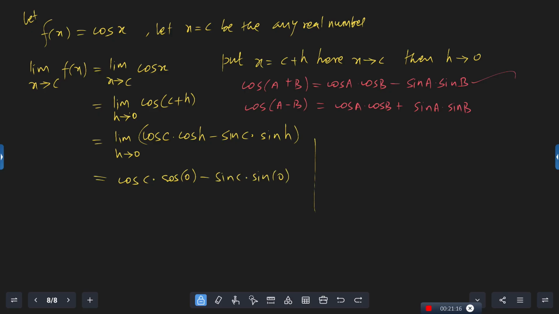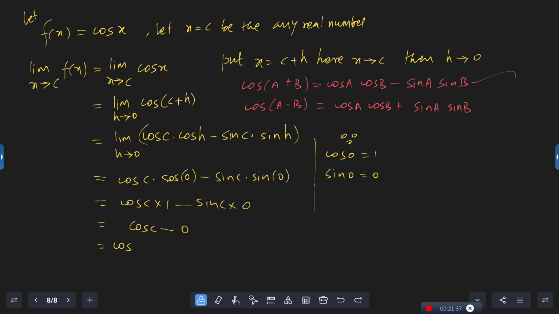We know cos 0 value is 1 and sin 0 value is 0. So cos c into 1 is cos c, minus sin c into 0, which is 0.